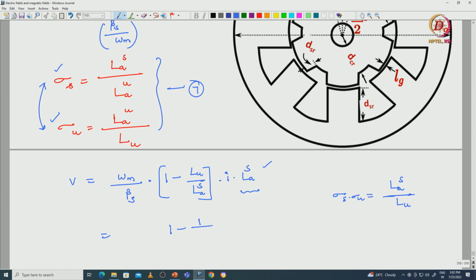So, if we substitute that term here, sigma s into sigma u into Las, inductance with respect to the saturated and aligned condition, into current, and the remaining terms will be as they are, omega m by beta s.